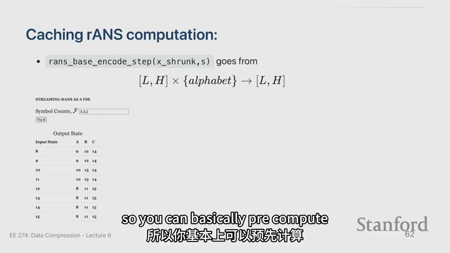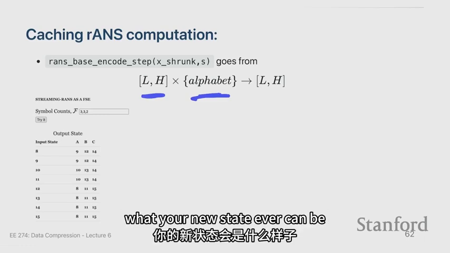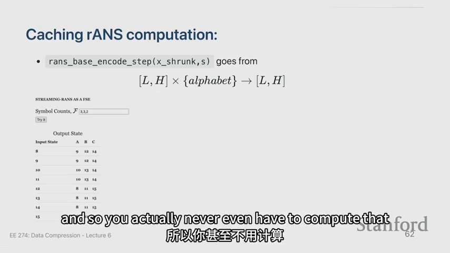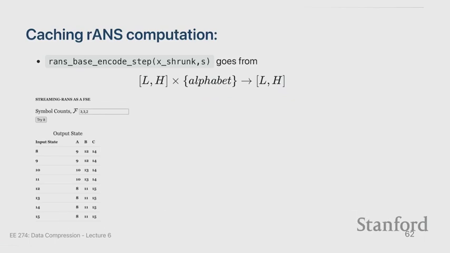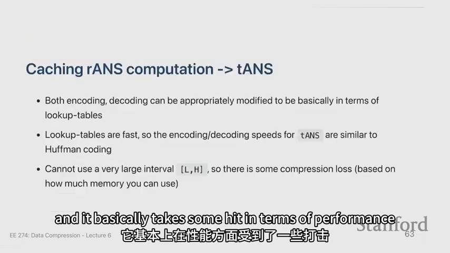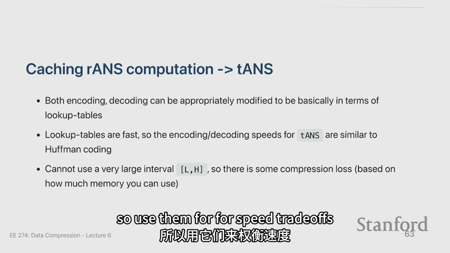So you can basically pre-compute, given whatever your previous state is going to be and whatever new alphabet is going to be, what your new state can be. And so you actually never even have to compute that. That's called TANS, and it basically takes some hit in terms of performance, but the key idea really is that lookup tables are really fast, so use them for speed trade-offs.